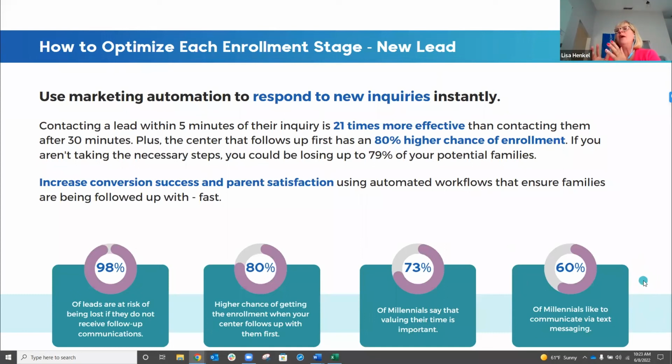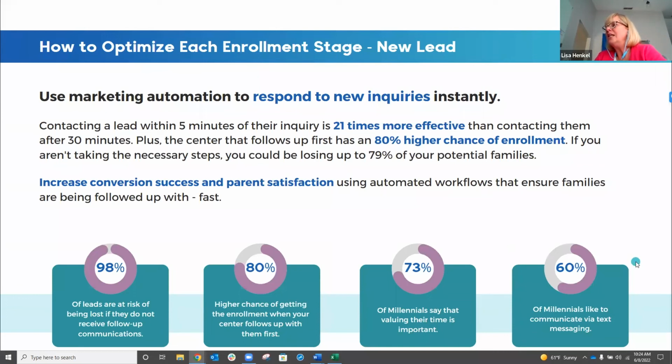What parents are expecting when they're doing something online is that they're going to submit and they're going to get some kind of a confirmation or an acknowledgement that that new inquiry has been received. Again, it's all about that speed to response. So we want to make sure that we're increasing our chances of enrollment by replying right away.